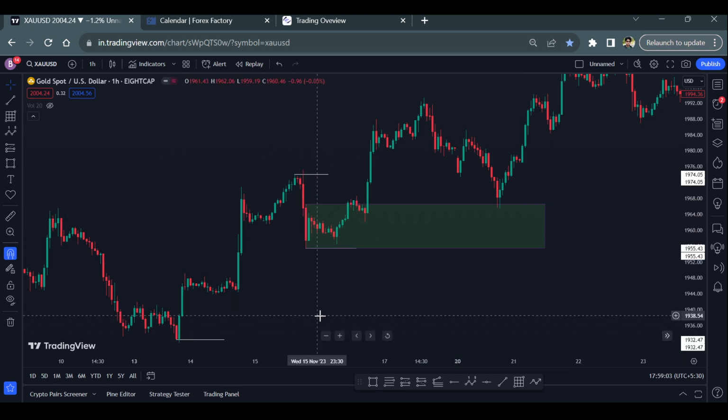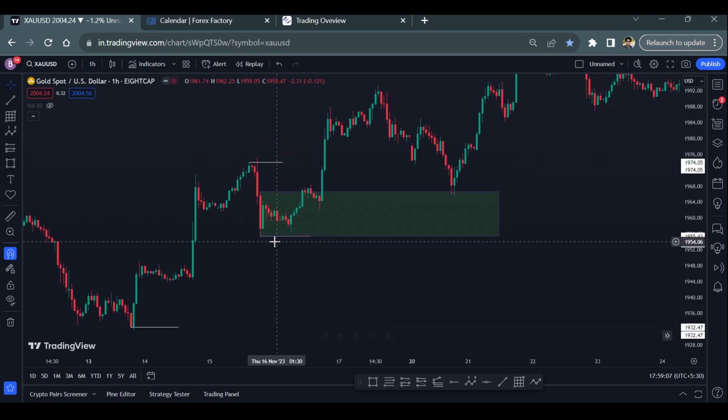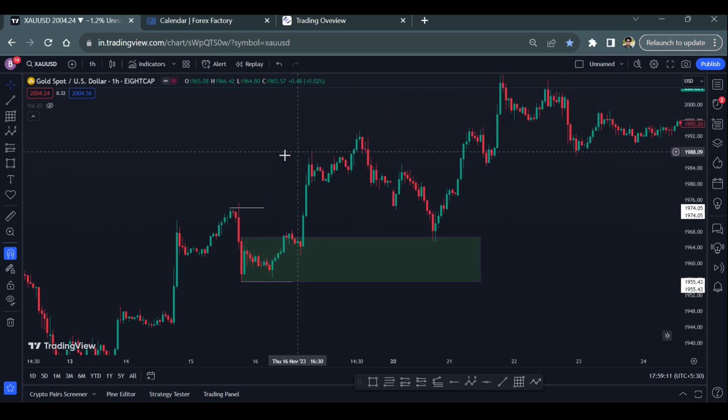Previously my demand was here, now my demand is here. Why? Because this demand broke the previous high and created a new high. You can see the high is kept here; before that there was no high. There is a small movement to the upside, but this demand has broken this high.